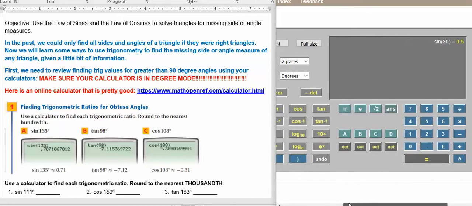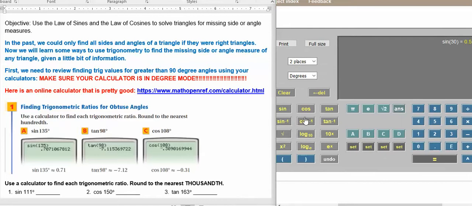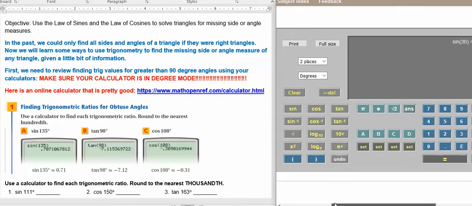So that's pretty nice. What I also like about it is that the inverse sine, the inverse cosine, and the inverse tangent are right here on the screen. You don't have to find another menu somewhere, a second function, to switch it to those inverses. And the other thing I like is that it tells you right off if you're in degree mode, or you can switch it, of course, to radian mode.